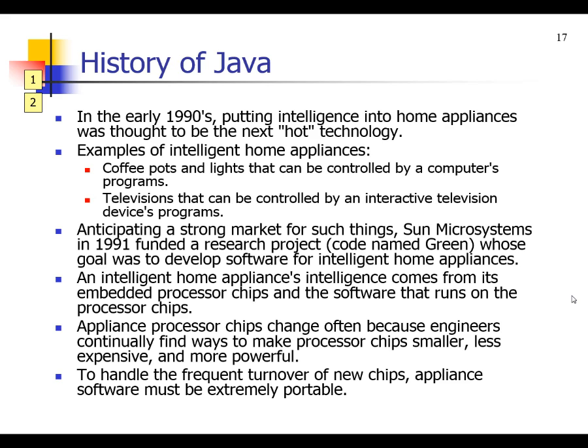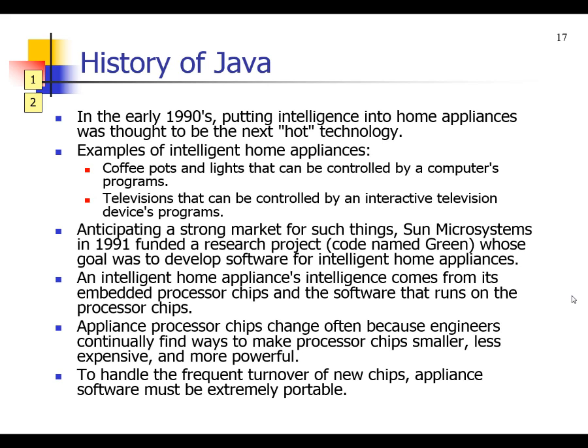Because they were thinking programmable coffee makers, right? Y'all remember when they started coming out? I could set my alarm, y'all probably were all in elementary school, where you can tell it which time you want it to turn on. Yeah, it's Java code in there, because it can be stored on a very little amount of ROM. That's what those were programmed with. So that's why it was a hot appliance.